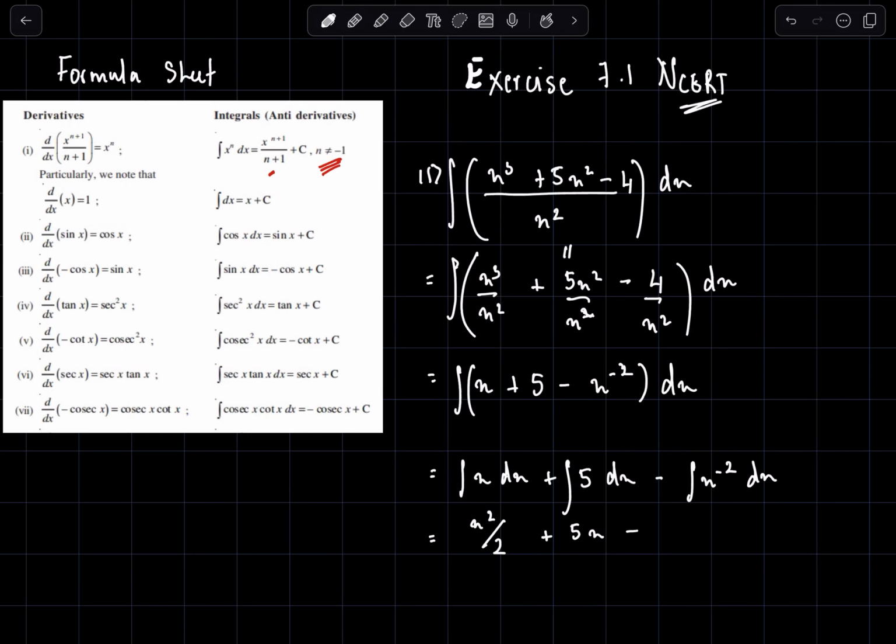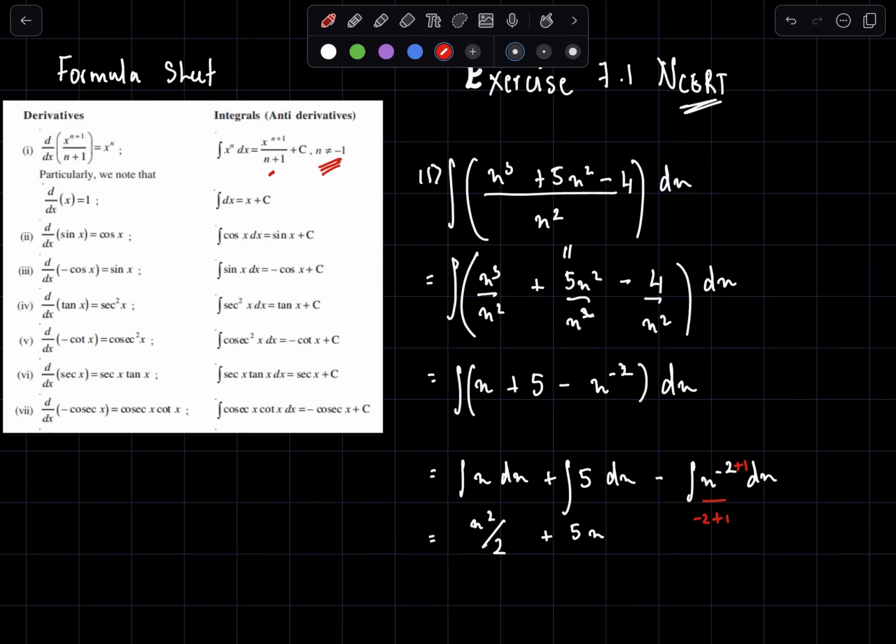minus, now this is interesting. How would you do this? So let's do this. Let's see. Now this is important because the sign is also very important. Okay, so if I were to integrate -2, this would become +1, and this would be -2 plus 1. So therefore the sign changes, right? So in this case it makes the sign change.